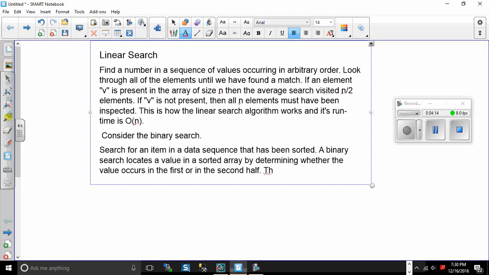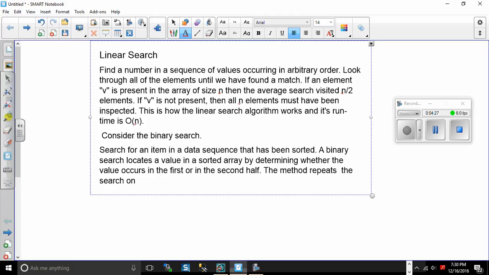The method repeats the search in one of the halves.